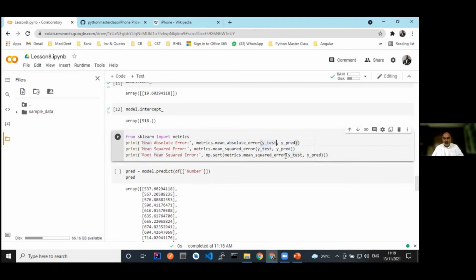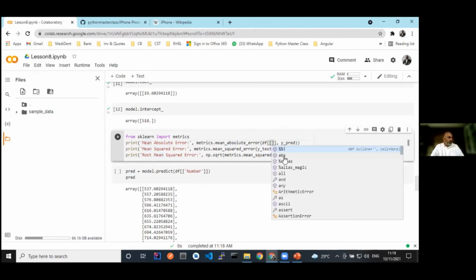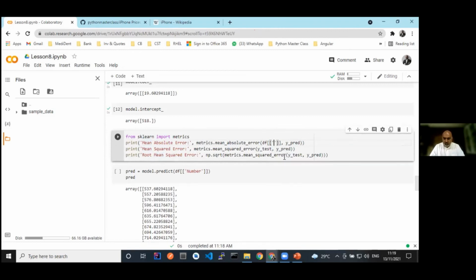So we can put in the x value, which is df, the y value, which is price, and then here we can put the predicted value.